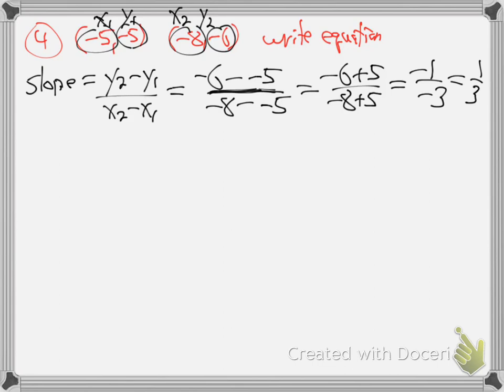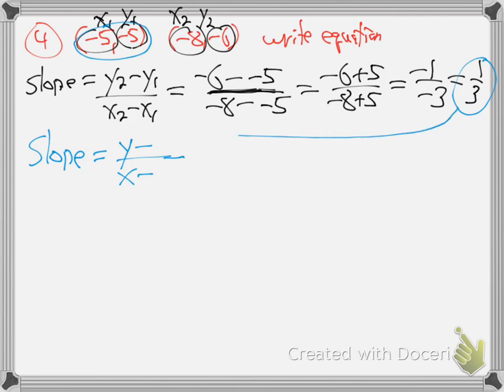Now we use the slope formula again, but this time we just put the plain y and plain x and the blanks in the back. We don't use all 4 numbers. In fact, we just use 2 of the numbers, like say these 2. So I take the slope we found from step 1, the 1/3, and I put it in here.